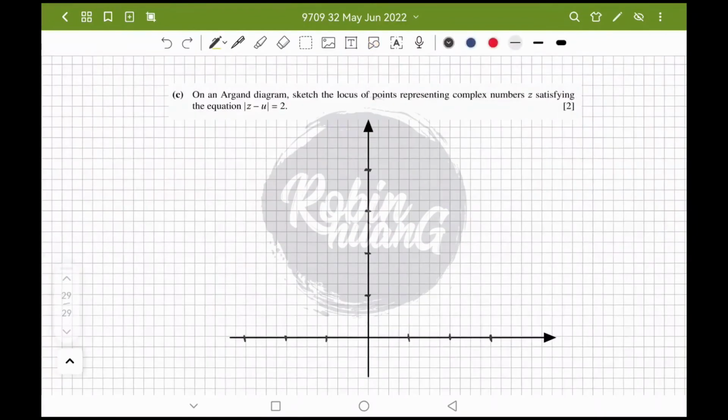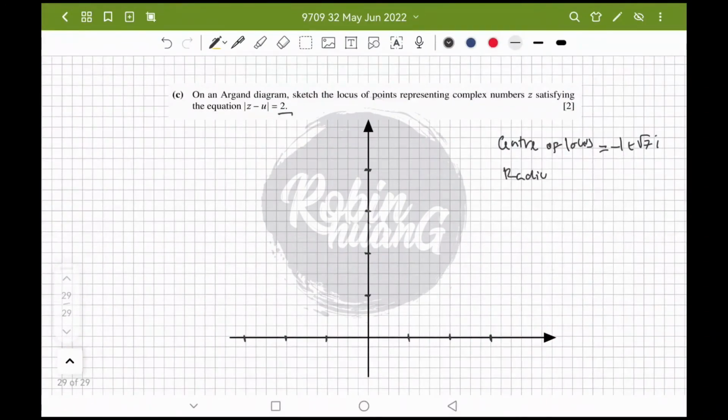On an Argand diagram, sketch the locus of points representing complex number z satisfying the equation |z minus u| equals 2. So we can get the center of the locus equals u, which is -1 plus square root of 7i, and we have a radius of 2.